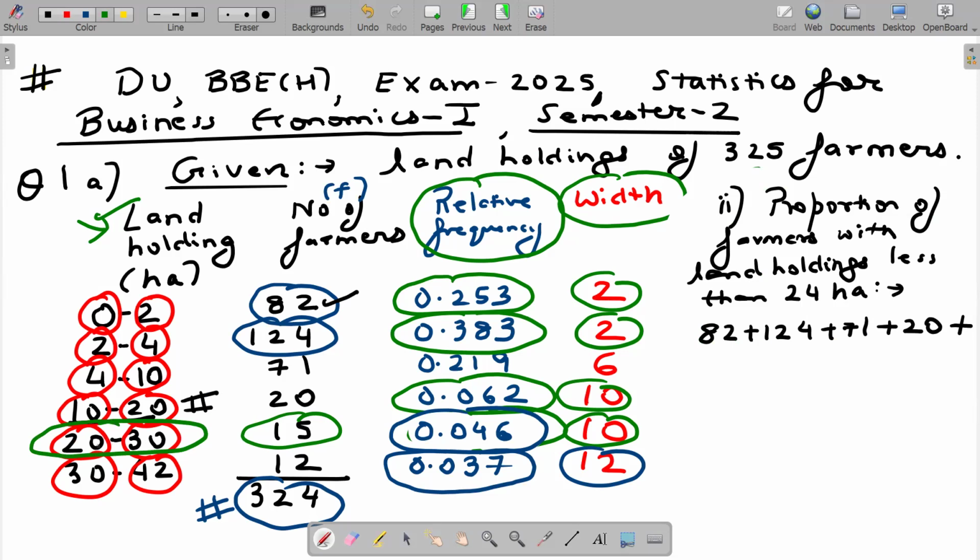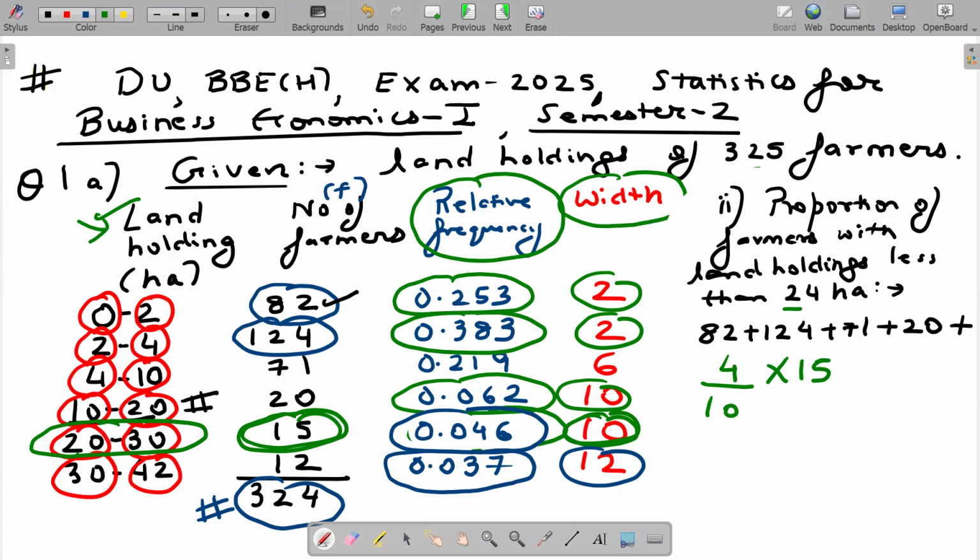So 24 means from 20 to 24 we have 4 additional hectares, divided over the class size, or the width, which is 10, times the corresponding frequency, which for 20 to 30 is 15.